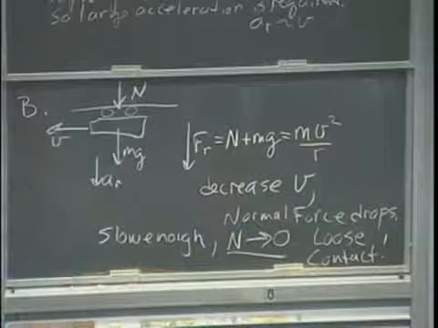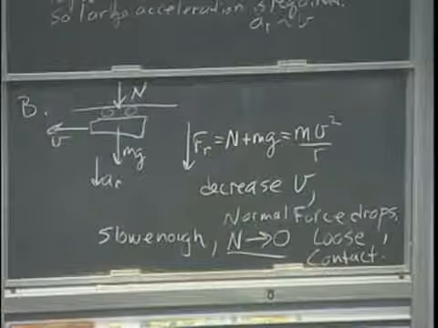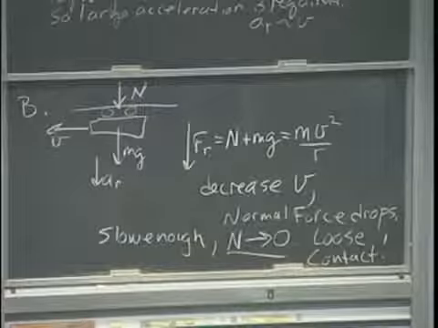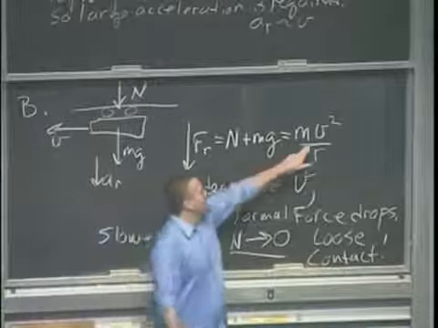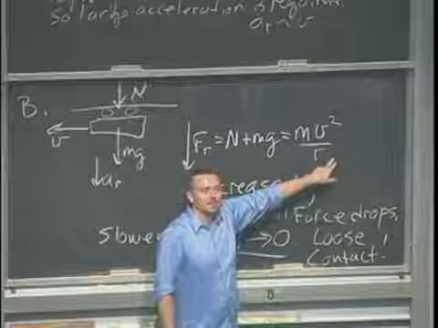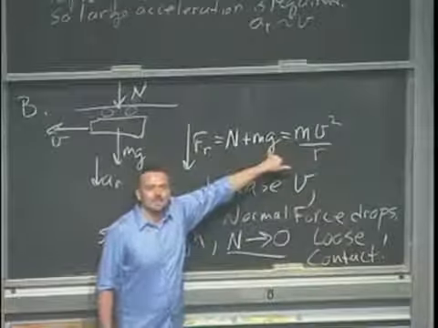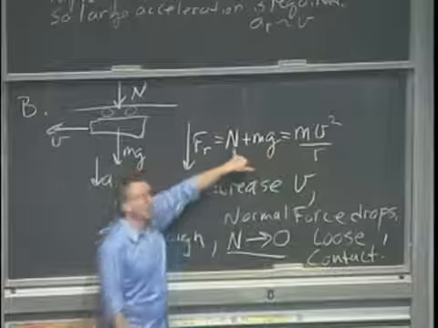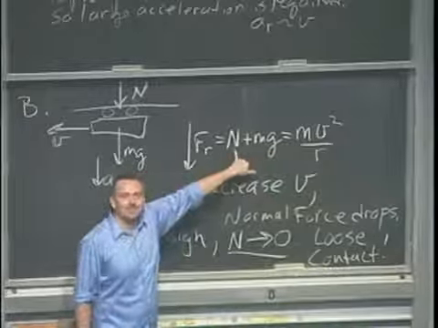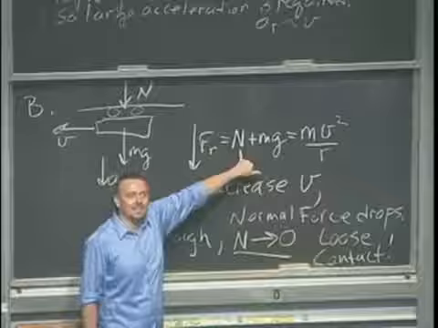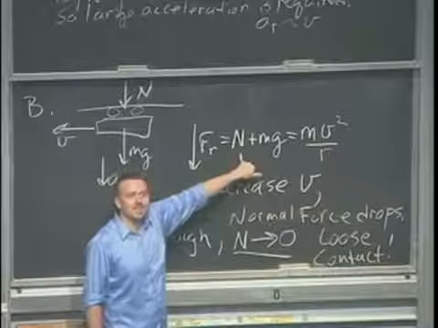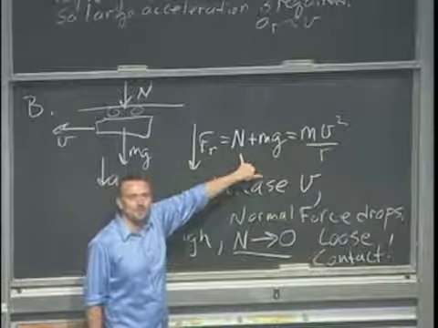So at the top of the track, we have to maintain some minimum speed such that the mass times the centripetal acceleration is greater than the gravitational force acting on that car in order to keep this normal force non-zero. That means that we're keeping it in contact. If it goes to zero, then we lose contact, which means that car is falling.